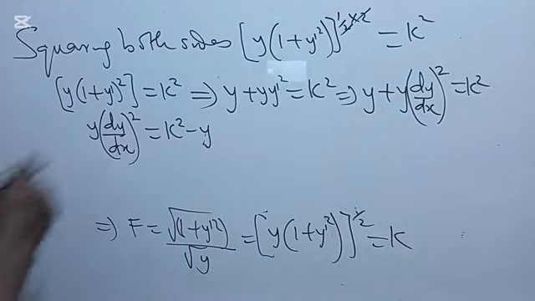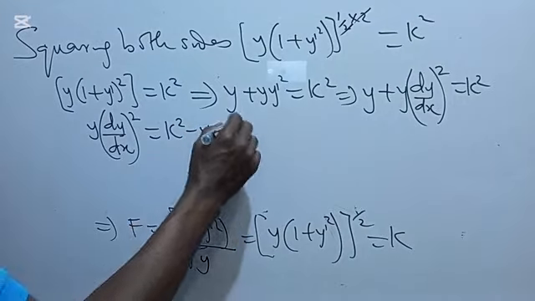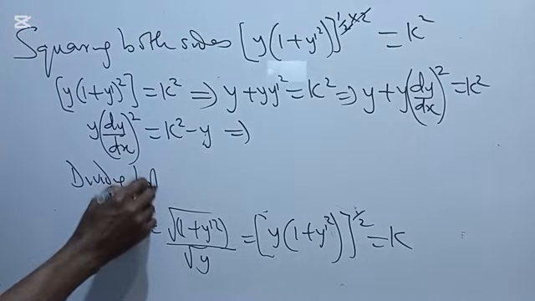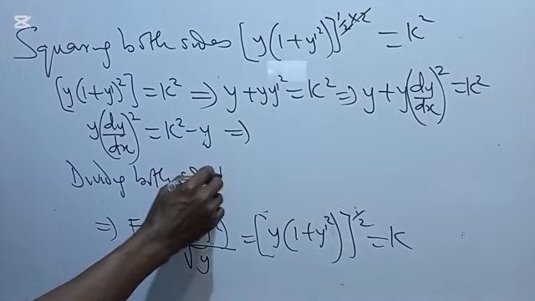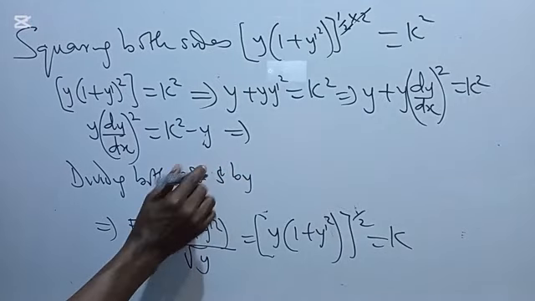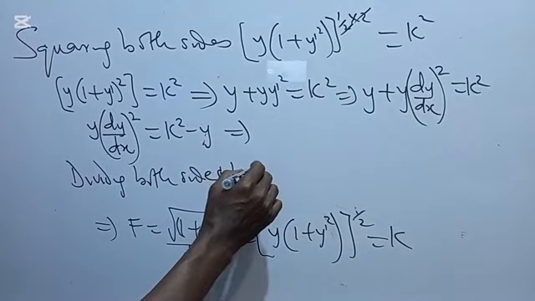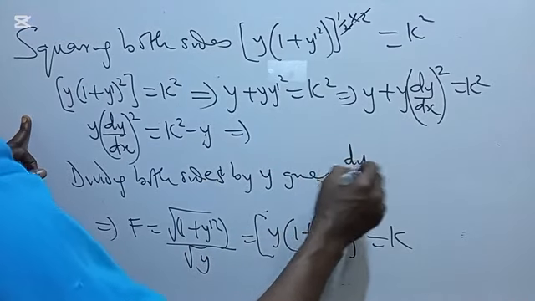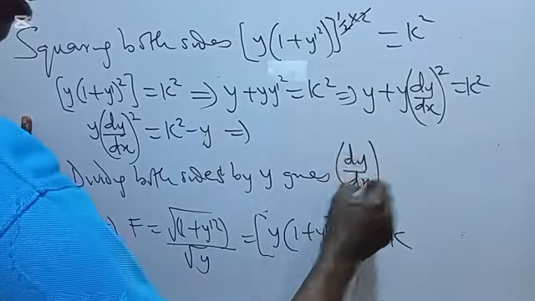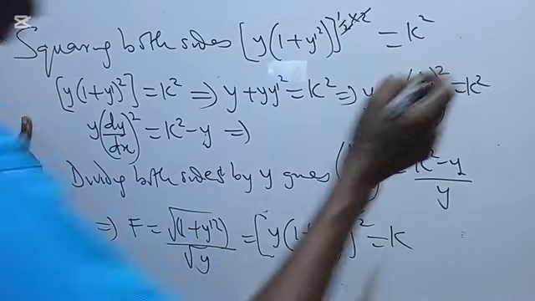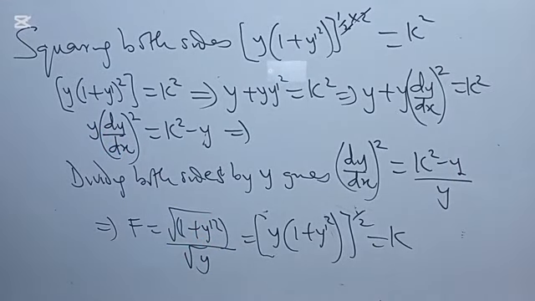Dividing both sides by y gives (dy/dx) all squared equals (k squared minus y) all over y.